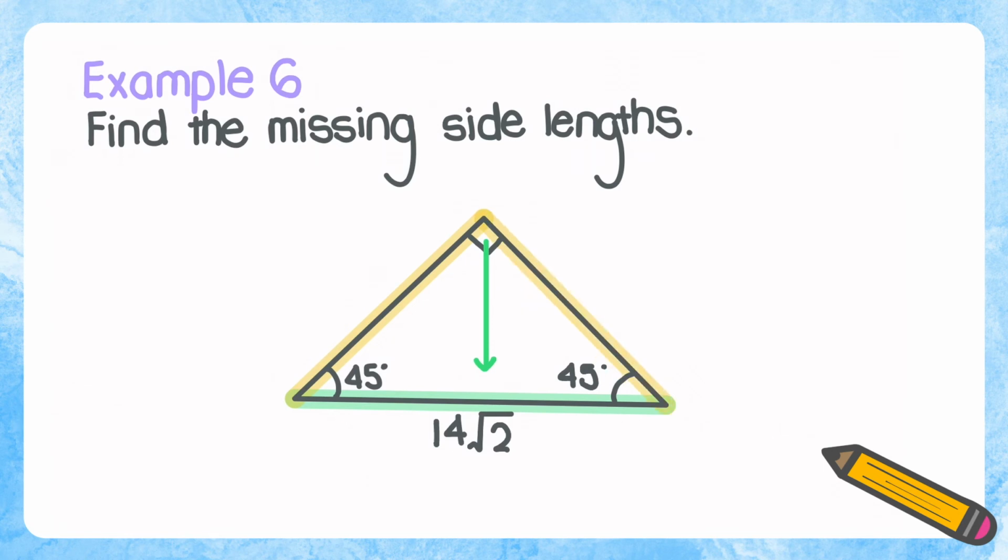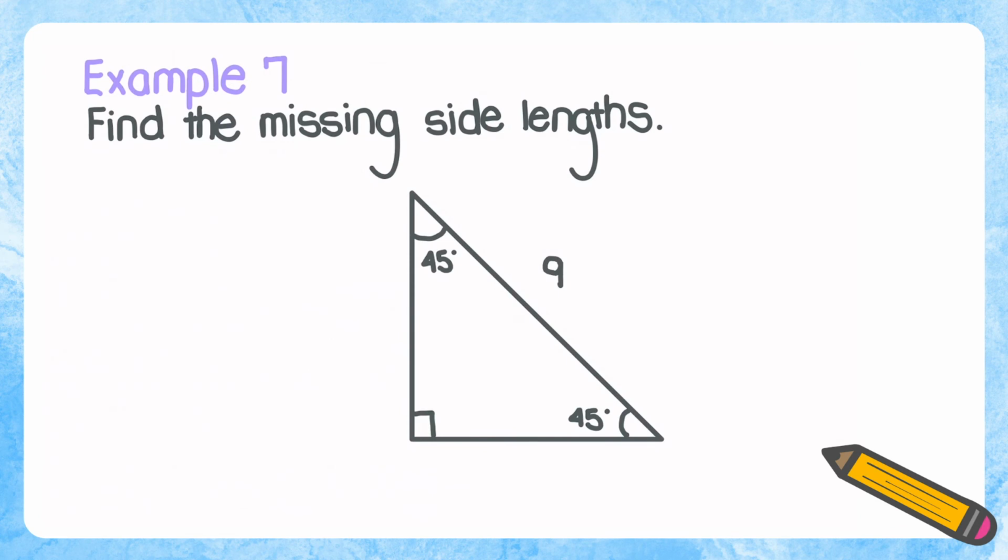And here, I just look at what comes right before the radical 2. It's 14. So I know that the leg lengths are 14. So I say this over and over, but I think it's one of the most important steps. Make sure you're correctly identifying the hypotenuse as well as the legs.